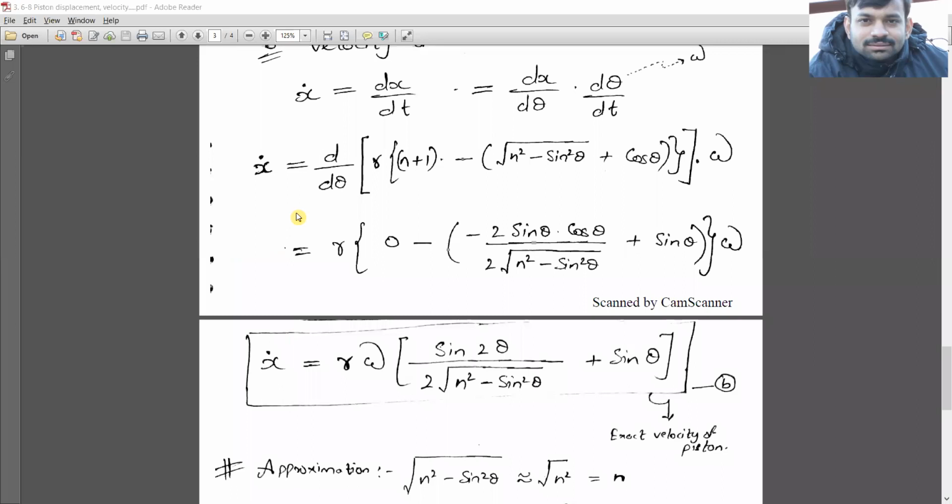So the equation of velocity is x dot is equal to r omega, this omega came forward, r omega times sin 2 theta over 2 under root n square minus sin square theta, plus sin theta. I think here there will be a negative sign because this minus will be multiplied.